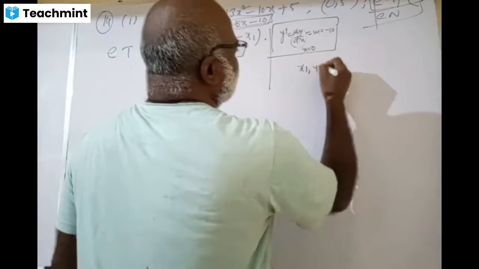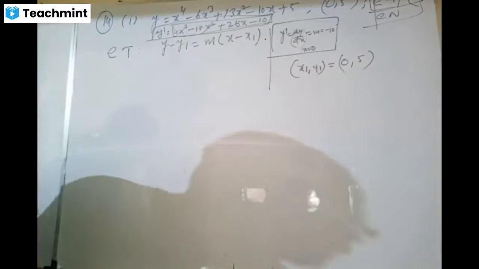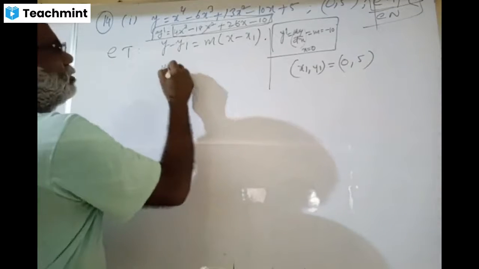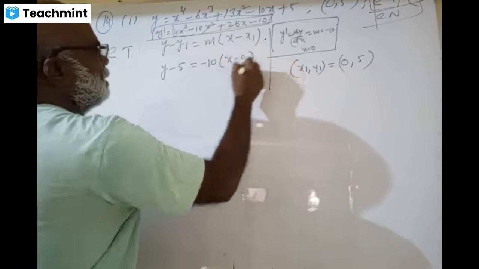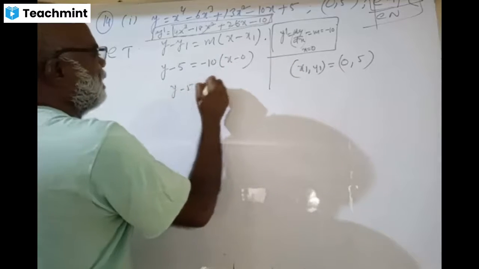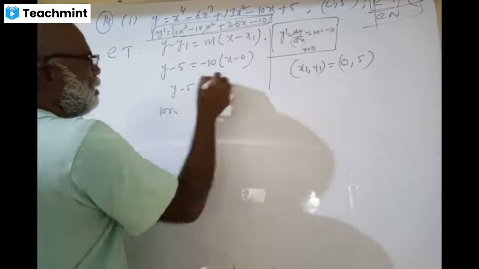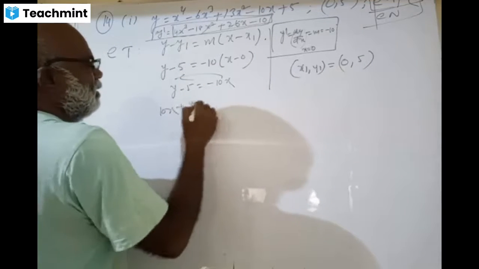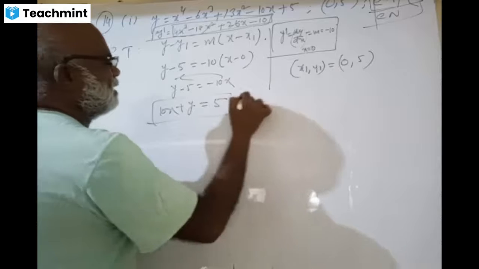So, what is x1, y1, Dharanya? y minus 5 equals minus 10 into x minus 0. y minus 5 equals minus 10x. So, 10x plus y equals 5. This is the equation of a tangent.